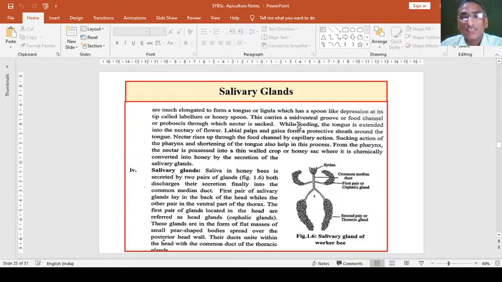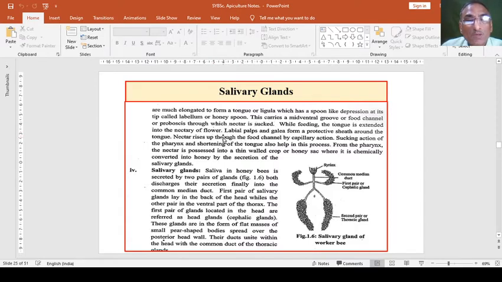So this carries a mid-ventral groove or food channel or proboscis through which nectar is sucked or food material is taken in, and while feeding the tongue is extended into the nectary of the flower, or we can say at the base of the flower there is a space where the nectar is collected or stored naturally, and that is sucked up by the spoon, or we can say ligula.